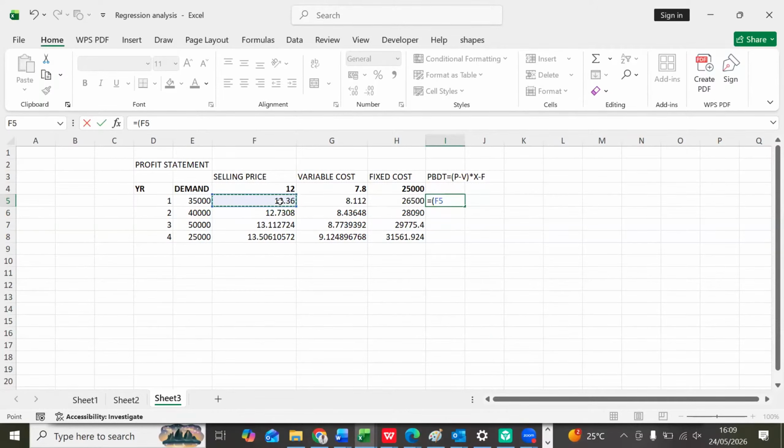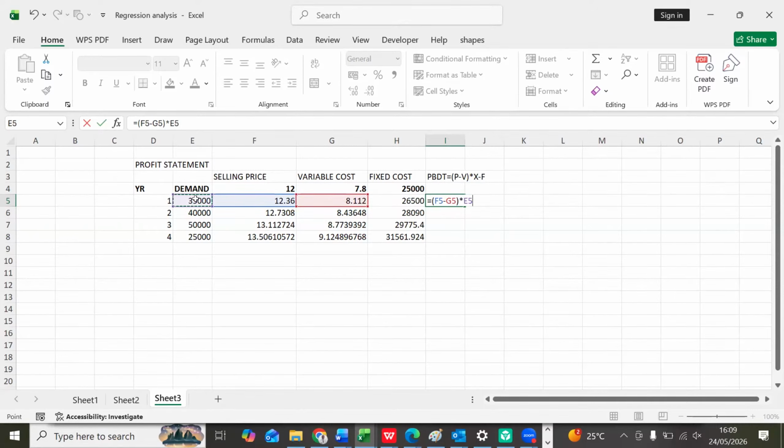We're interested in the current cash flows. So we say minus the variable cost for this one here. I close bracket. I say times, ladies and gentlemen, the demand. You see this demand is my X, is the quantity. So you say times this one here.